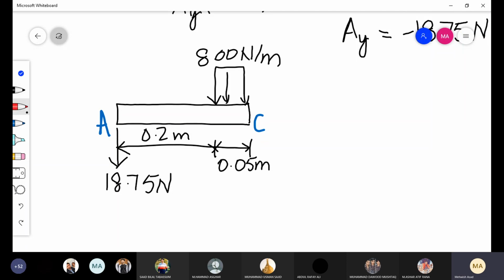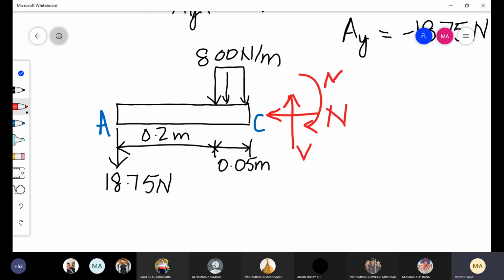Now this is the free body diagram of the member with respect to reactive forces. Now we also have to draw or show the internal loadings. This is the normal force, this is the shear force and the bending moment.